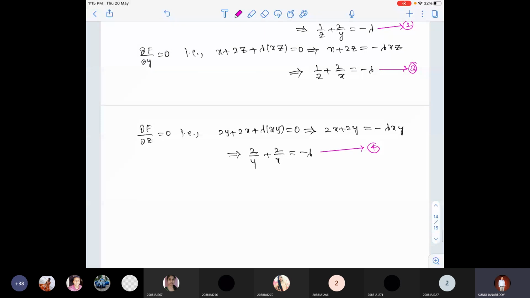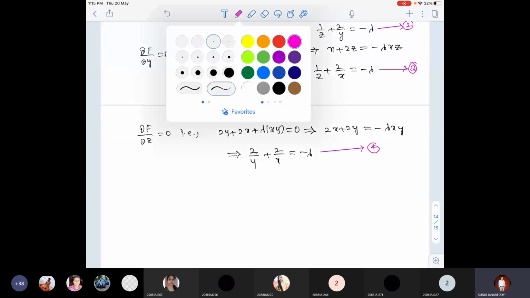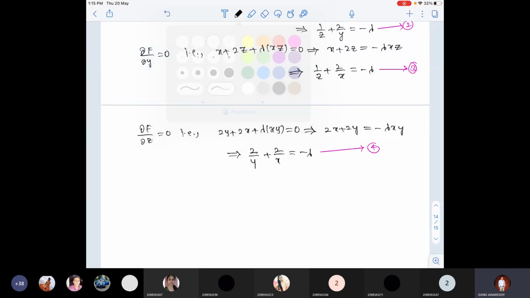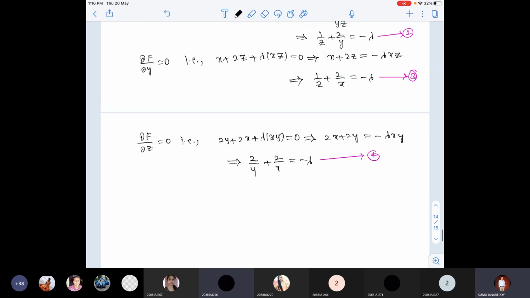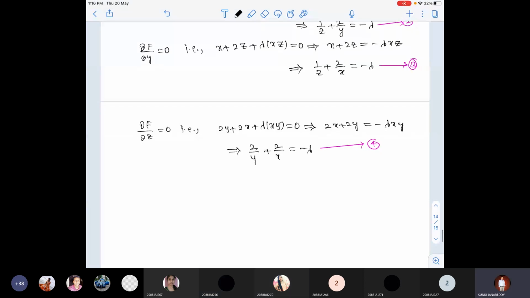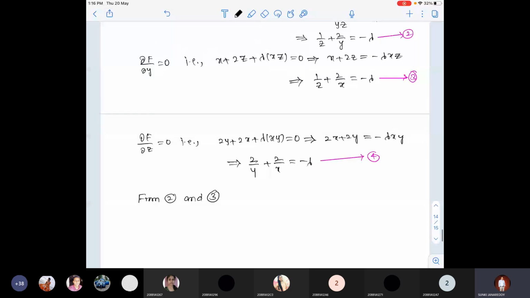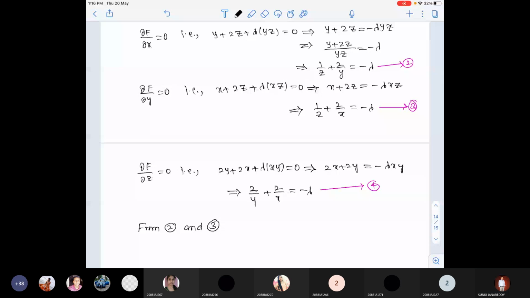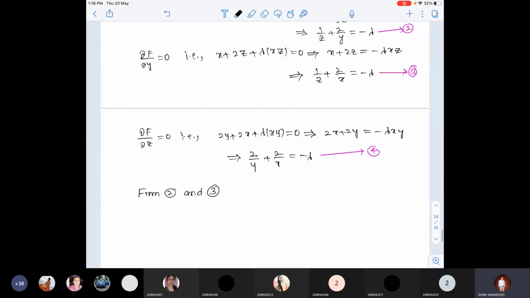Now write down. I think up to here all of you understood. Yes or no? Yes, sir. No, no, from 2 and 3 we should equate. Here the left side and right side values are same, then we can equate the left side values. Then we get 1 by z plus 2 by y is equal to 1 by z plus 2 by x.